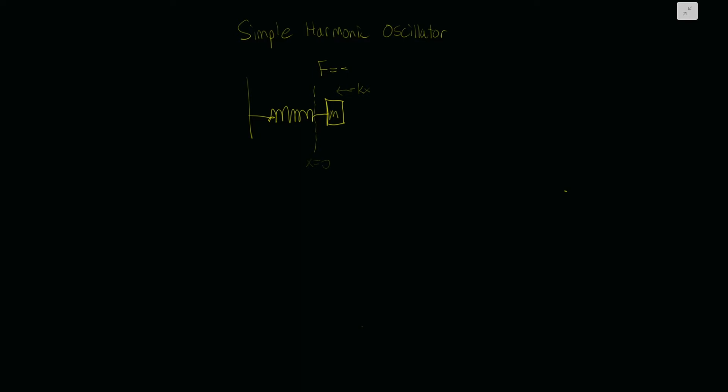So we have the force is equal to negative kx, and we also know that force is equal to mass times acceleration. So we can rewrite this as ma is equal to negative kx, and bringing everything to one side, ma plus kx equals 0.